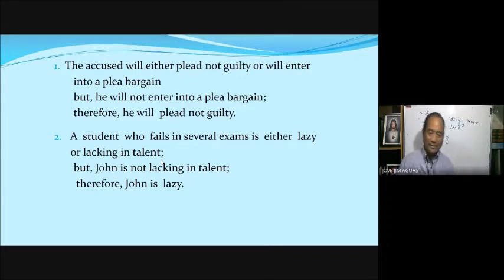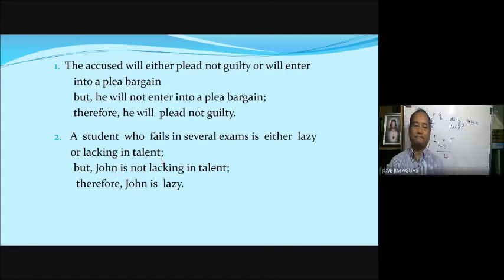For example, instead of P and Q, either lazy or lacking in talent. These are just guides. So it says, John is not lacking in talent. Therefore, John is lazy.